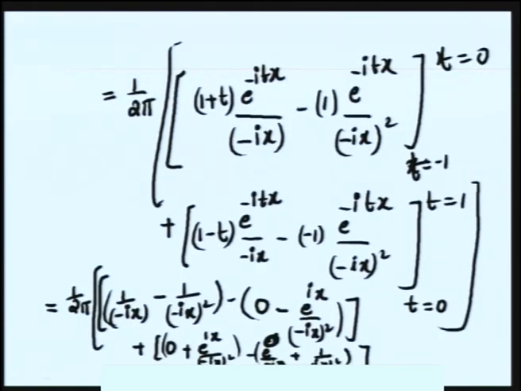Is 1 by minus ix repeated anywhere? 1 by minus ix is here, 1 by minus ix, here 1 by plus ix. So, shall we cancel this? Okay. After cancelling, this is minus 1 by ix whole square and this is minus 1 by ix whole square, and this is 2 times, right, and this is 2 times, all x square terms are 2 times.